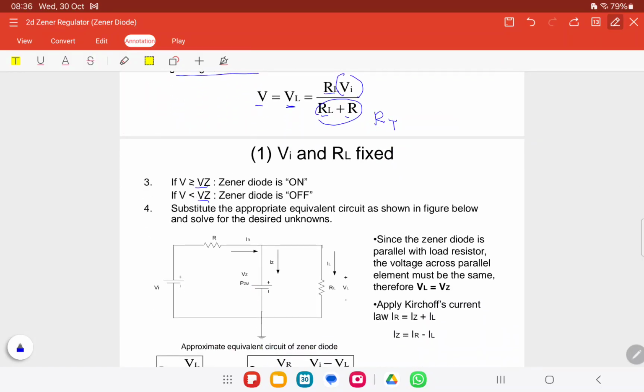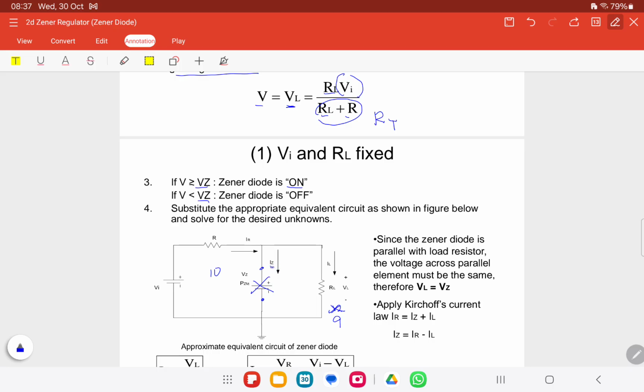If the value is greater than VZ, then we consider the diode is on. For example, if here they give 10, and when we calculate we get VL is 12, so the diode is on. Okay, if we get VL as 9, so the diode is off. When the diode is off, what will happen? It is open.